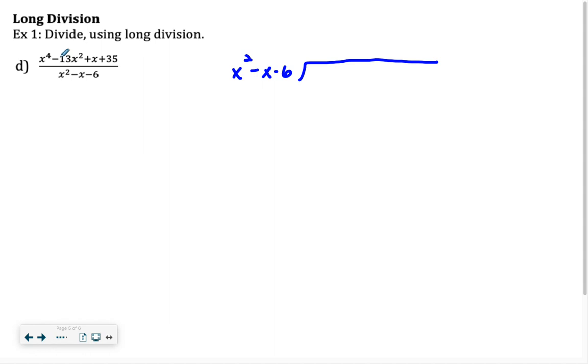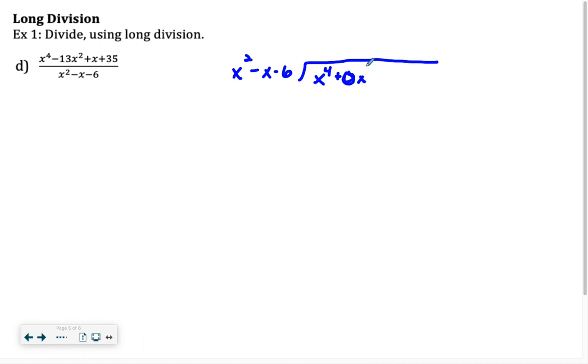Now, if we look at this, I do not have a 3rd degree term in here. If we are ever missing a term, when we look at the powers in descending order, we have to put a placeholder in. That's true of the dividend or the divisor. So the way that I'm going to write this, when I put this under my division bar here, I'm going to put in a 0 x cubed.